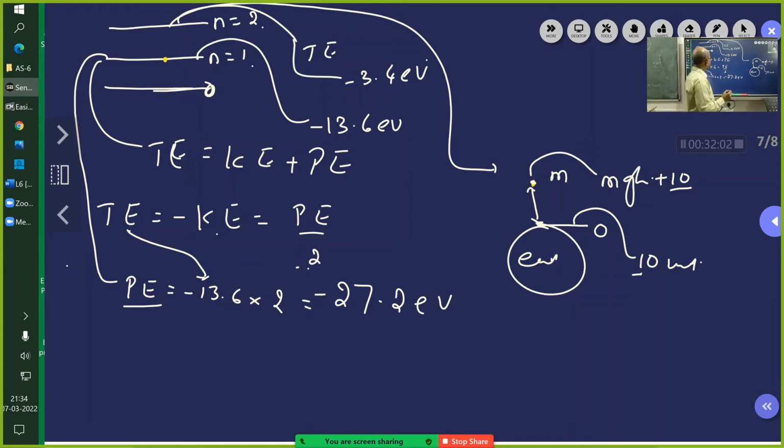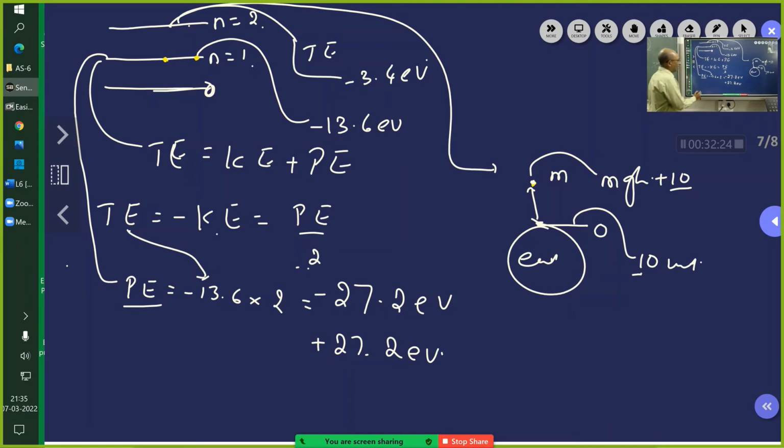Got it? Now, in this case, I want to make the potential energy of this point 0. So what should I do? I should add 27.2 electron volts to this level. Then this will become 0. Then the same potential energy I should add to this point.